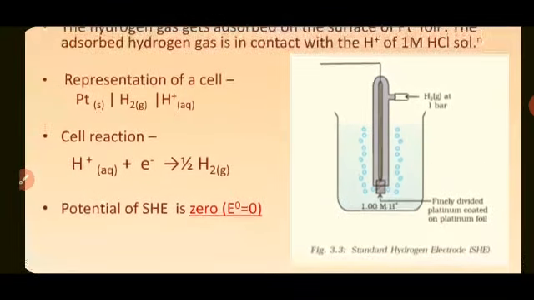The potential of this SHE is considered as 0, which is given as E naught equal to 0. By connecting with this SHE, the half cell potential of other electrodes can be calculated.